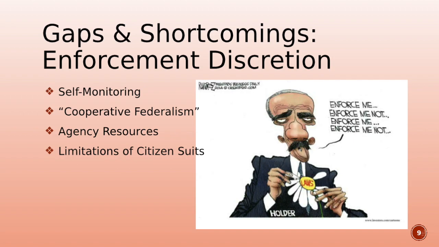This point about agency resources again comes up. Agencies don't have the resources to do enough inspections or to monitor facilities as closely as they should, and they rely on industry to provide information about what's going on.